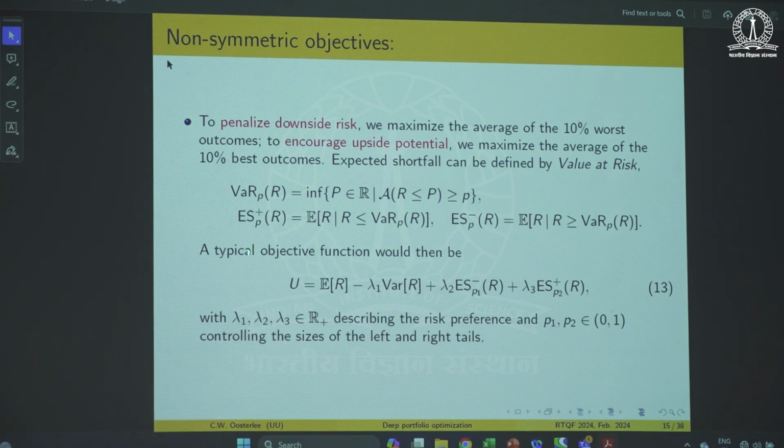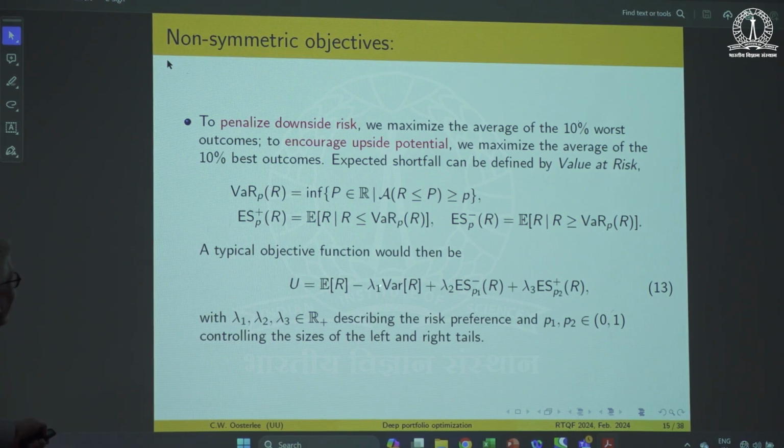And our objective function would be the expected return minus the variance of the return. Then in order to shift this to the right as much as possible, we have to add these expected shortfalls with a certain threshold, P1 and P2.